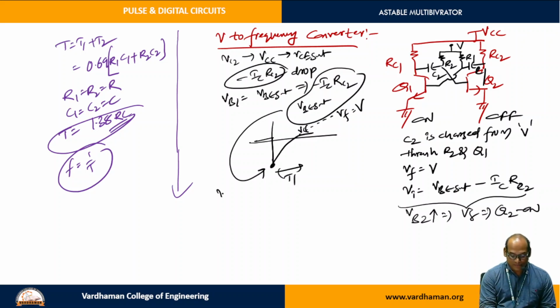So here I am writing the capacitor voltage equal to V final, that is capital V, plus V initial, which is VB sat minus IC into RC2.